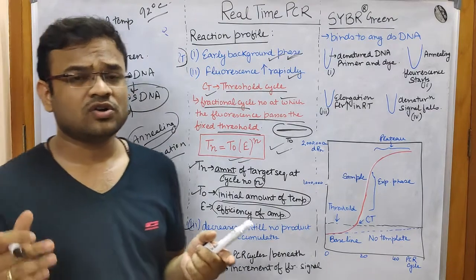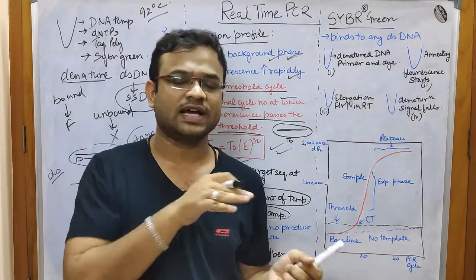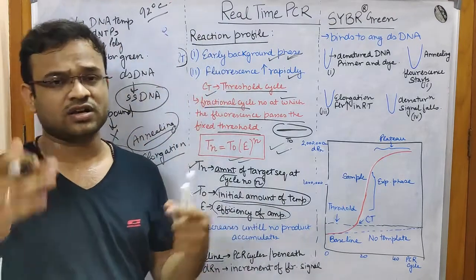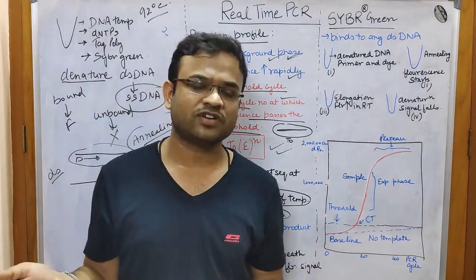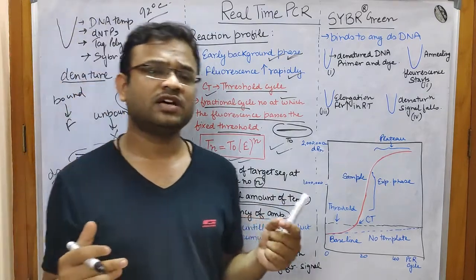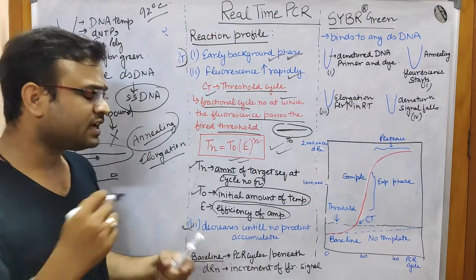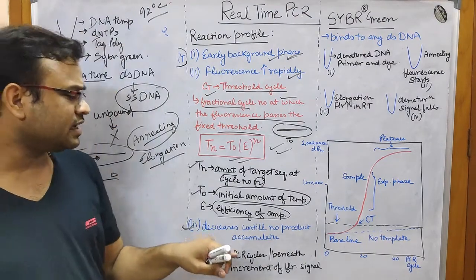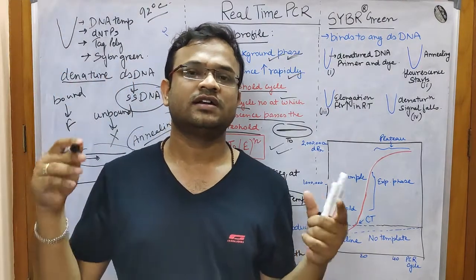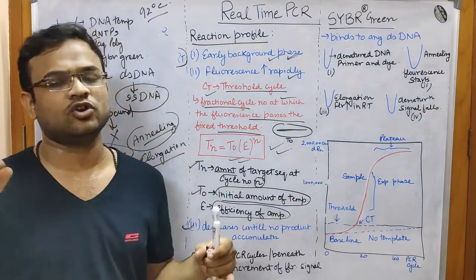Why would it cease? Because the efficiency of Taq polymerase slows down as the reaction progresses. After, say, 40 cycles, the efficiency of Taq polymerase goes down and the reaction slows down or stops. So the decrease is seen until no product accumulates.